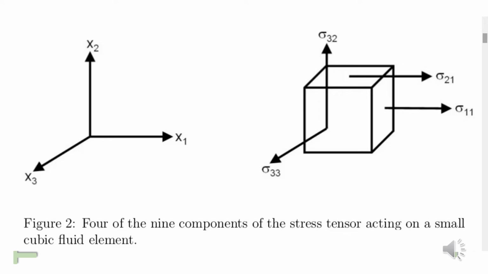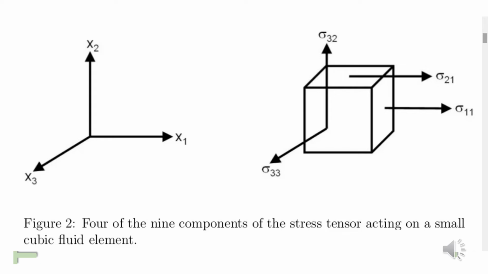Now you can see a figure with x, y, and z coordinates, meaning x1, x2, and x3. We see that the x direction plane is sigma 11, and along the z direction the plane is sigma 32, where z and y are involved, and in the z direction the plane is along the x3 direction.